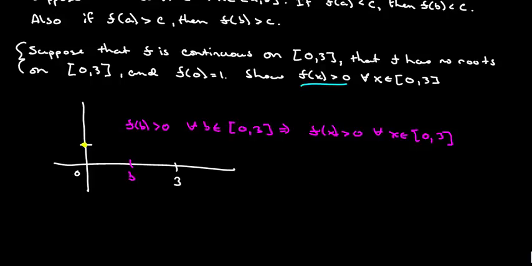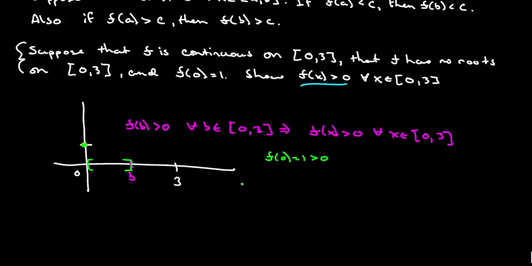So look, well, what do we got here? Let's just take this interval right here. Well, clearly f of 0, which is 1, is greater than 0. That's this guy right here.